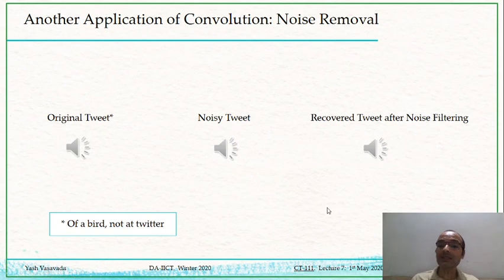And so this is again a very dramatic application of the convolution operation. You can see that something that was highly noisy, which was this audio file at the middle, has been cleaned up very nicely by doing this convolution operation. Why has that happened? Again, we'll take it up later on.